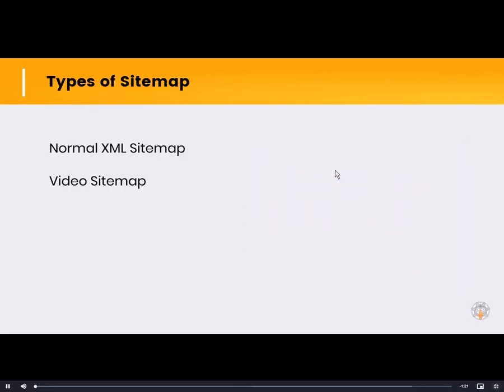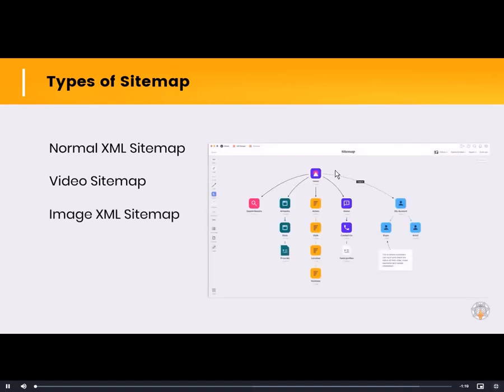Next, image XML sitemap. Like videos, if we have a number of rich media like images and we are going to search a number of images or one specific image, we can search that image using the sitemap. Again the same method.